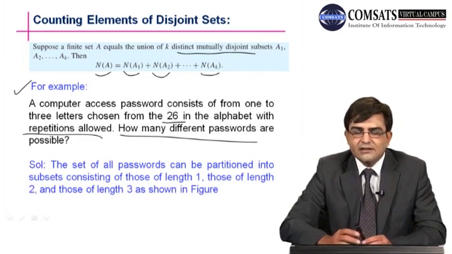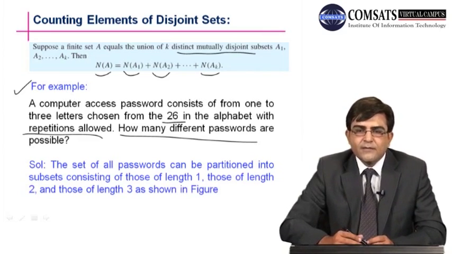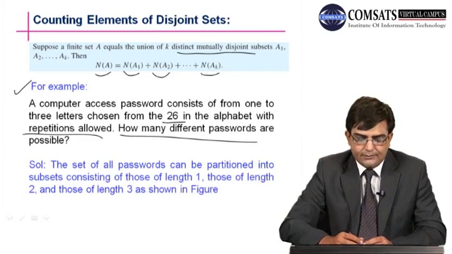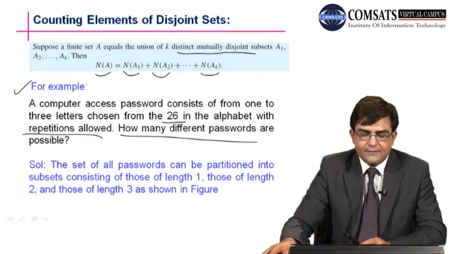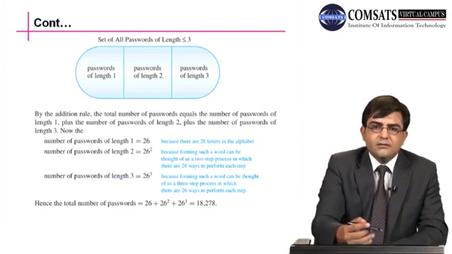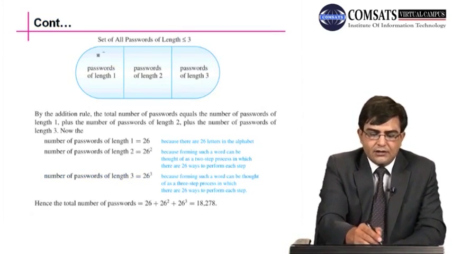That is, this set contains only those passwords which contain only 2 alphabets. It could be the same letter, it could be different letters, because repetitions are allowed here. Now, in the third set, the length of the passwords is 3. That is, the password has any 3 letters of the 26 alphabets. We show it in a diagram.